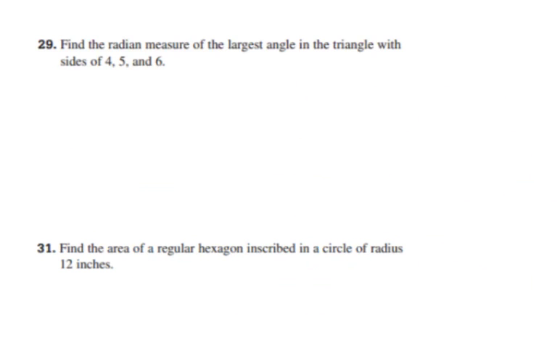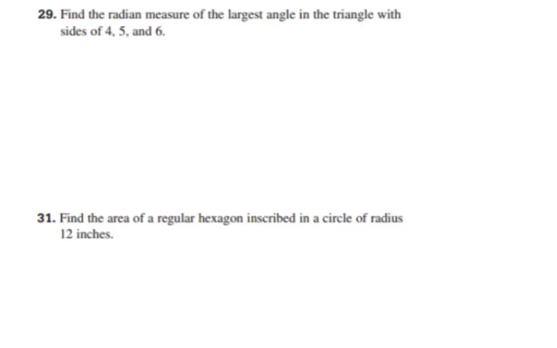Excellent. Alright, so moving on to our last 3 here, we want to find the radian measure of the largest angle in the triangle with sides of 4, 5, and 6. Okay. So, the largest angle is going to be across from the largest side. So when it comes to the equation, we're going to maybe call this one A, and use the cosine equation, because of course we don't have any angles.